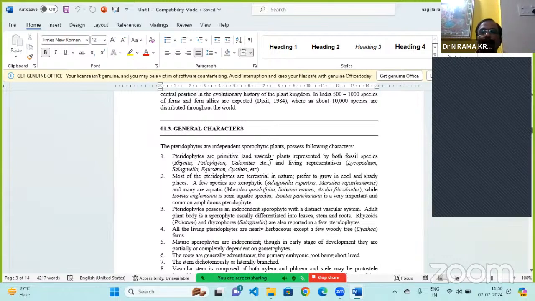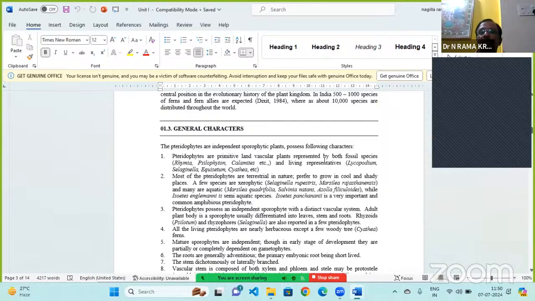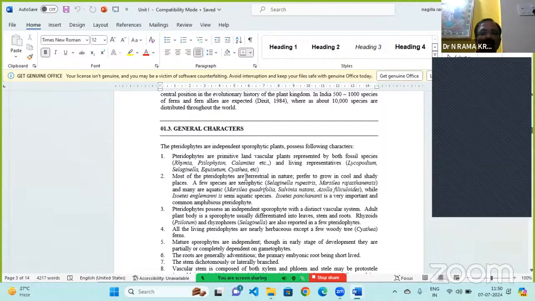Pteridophytes are primitive land vascular plants represented by both fossil and living species. Most of the pteridophytes are terrestrial in habit. These pteridophytic plants are the first land plants. Bryophytes and algae are also called land plants, but these pteridophytic plants come outside the water.